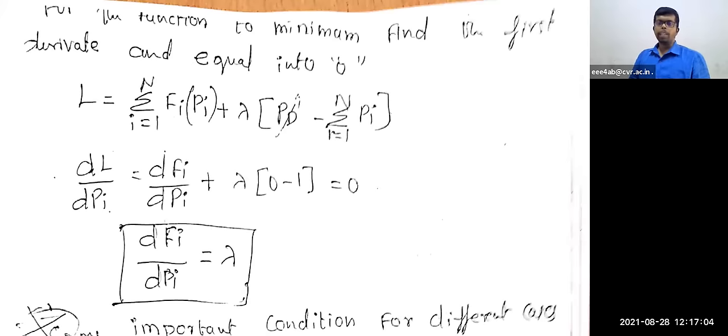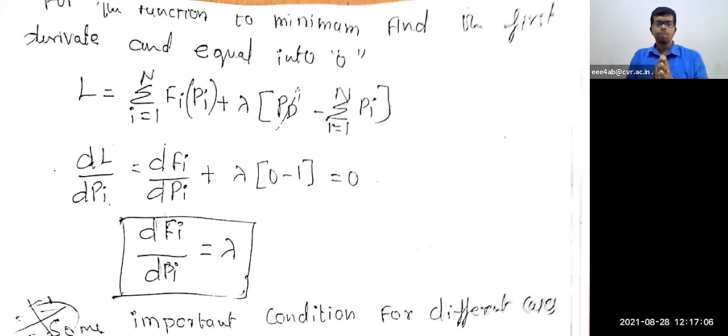What we generally do is the objective function minimizes the total fuel cost. So Lagrange's function is nothing but the objective function plus some constant, which I'm taking as lambda, times the constraint, that is Pd minus the sum of Pi. I'm taking this demand outside, and where demand is large I'm just neglecting the demand.